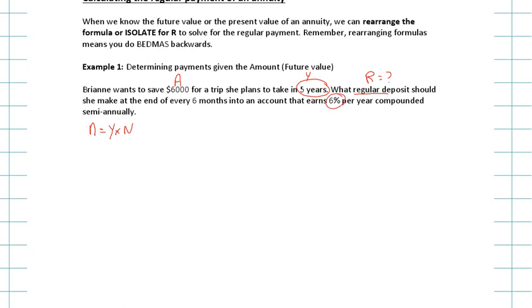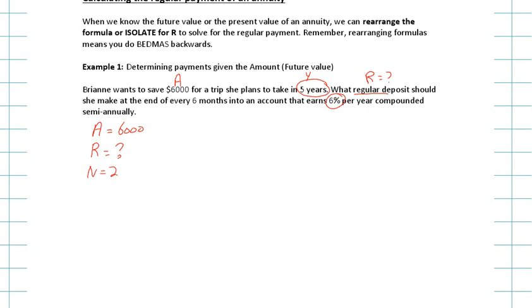Semi-annual. So let's start with setting up our equations. So I know A equals 6,000. I am looking for R. What's my compounding period? 2. So big N is 2.